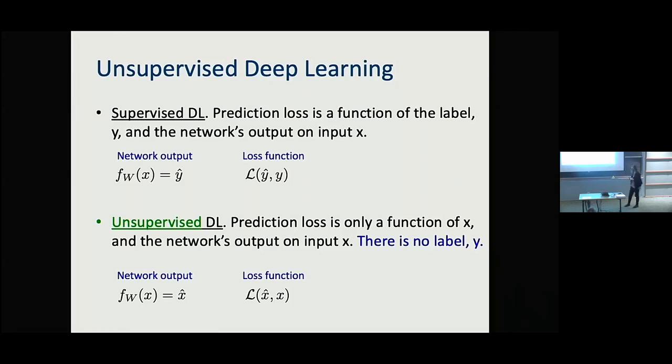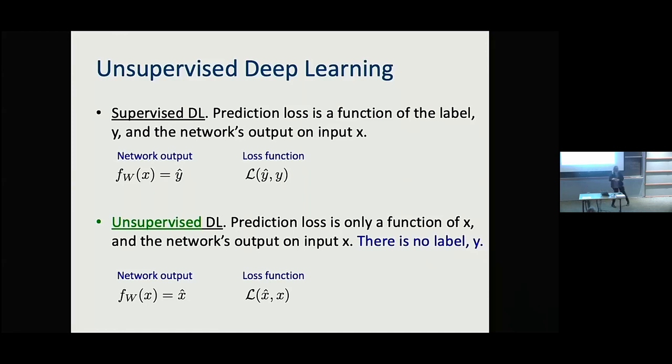Because it's actually just as simple as writing down a loss function that doesn't depend on some extraneous y, which means it could depend on the output of the network still, which now I'll call x hat. I still have some architecture with all my parameters, and this is my input. I just can't have a y, like some external label that is supposed to go with x in my loss, but I can certainly make my loss a function of, say, the input of the network.